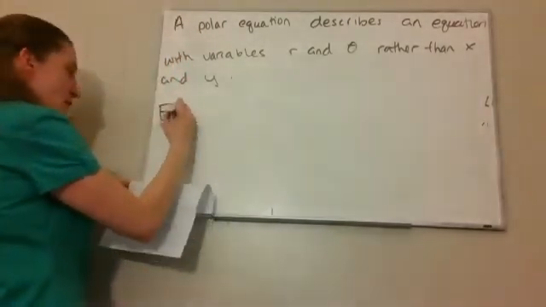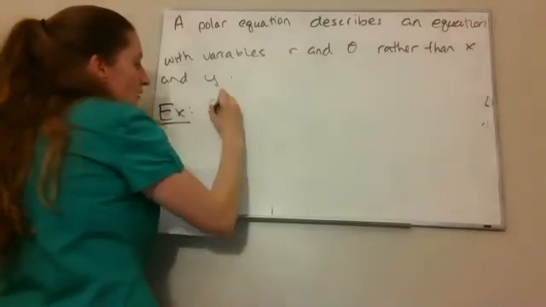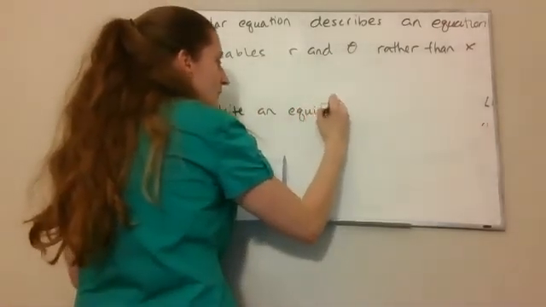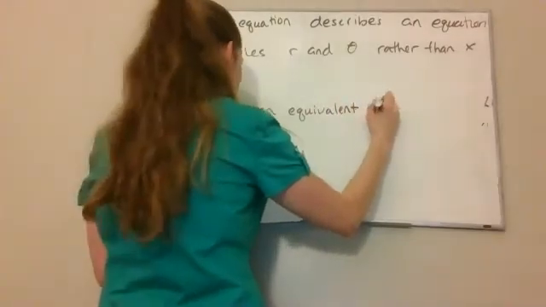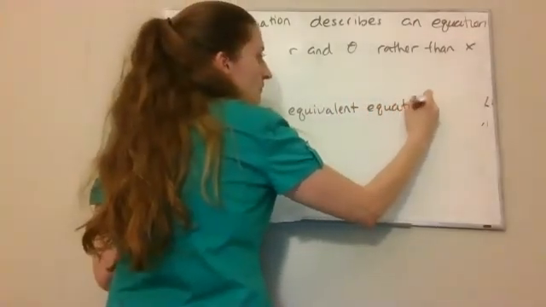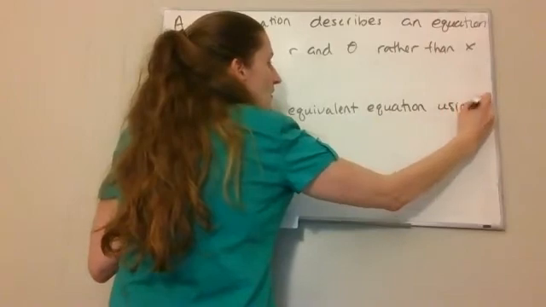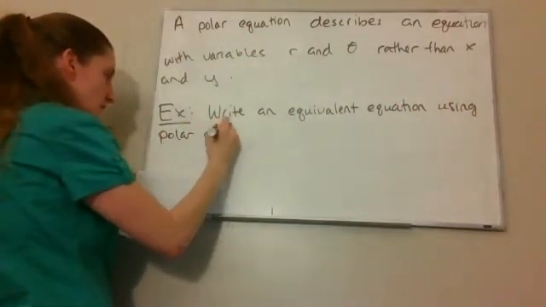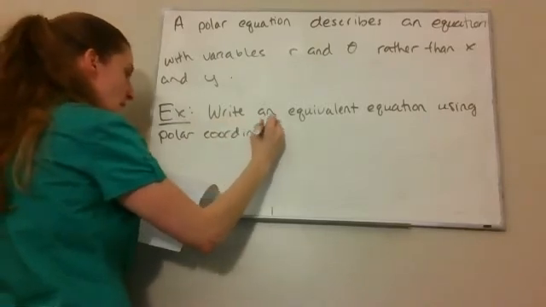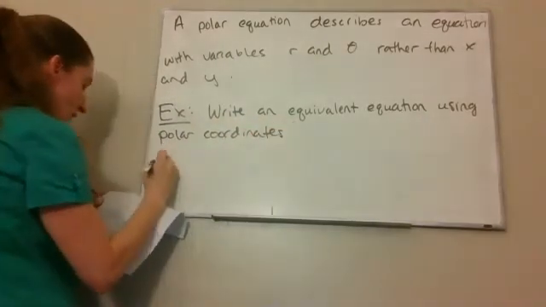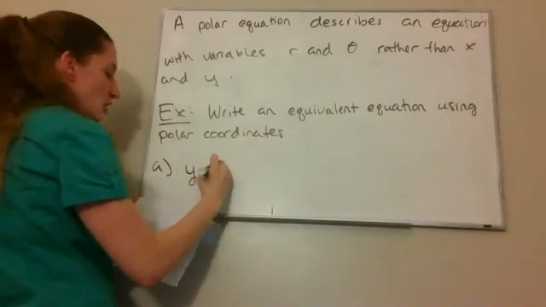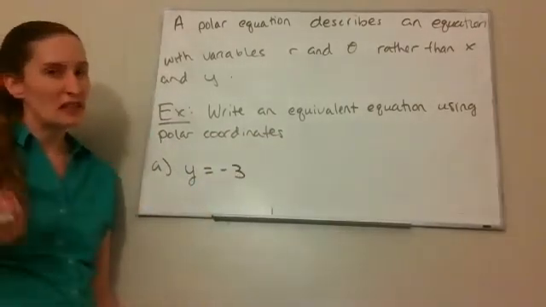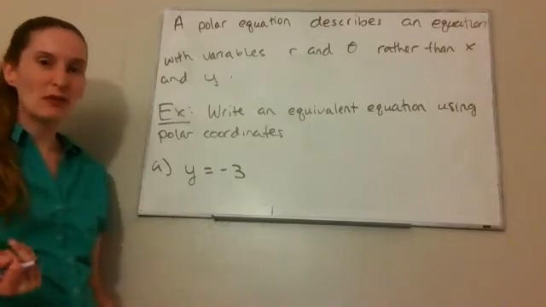So for an example, we are going to write an equivalent equation using polar coordinates. My first one is going to be the equation y equals -3. So I'm going to convert the entire equation into a new equation.